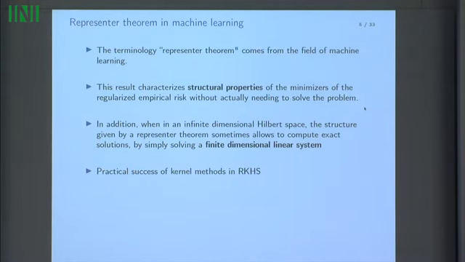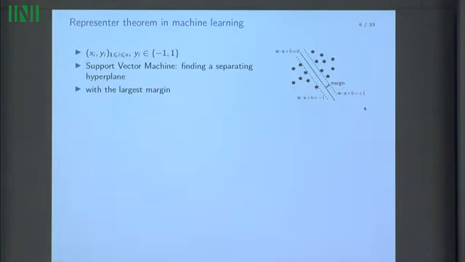So just to fix the idea rapidly, take a very easy problem in machine learning, the support vector machine, where you want to find a separating hyperplane that separates the blue points from the red points. My points are just individuals characterized by some variable xi, and the color is encoded by the label yi, and I choose 1 for the blue and -1 for the red ones.